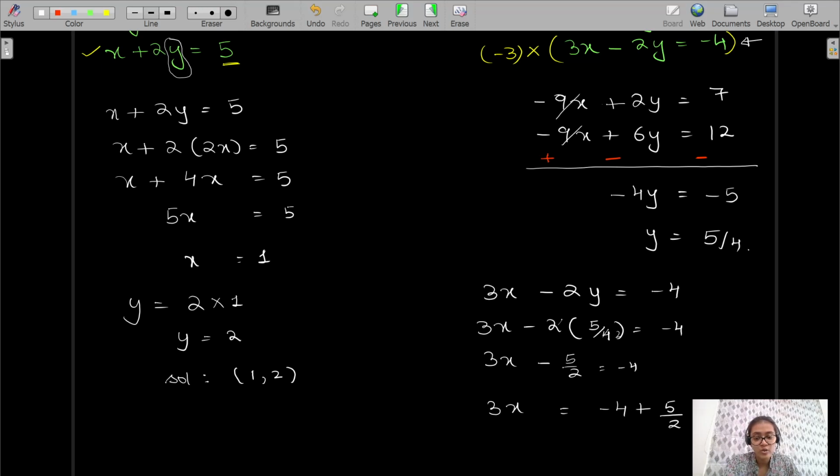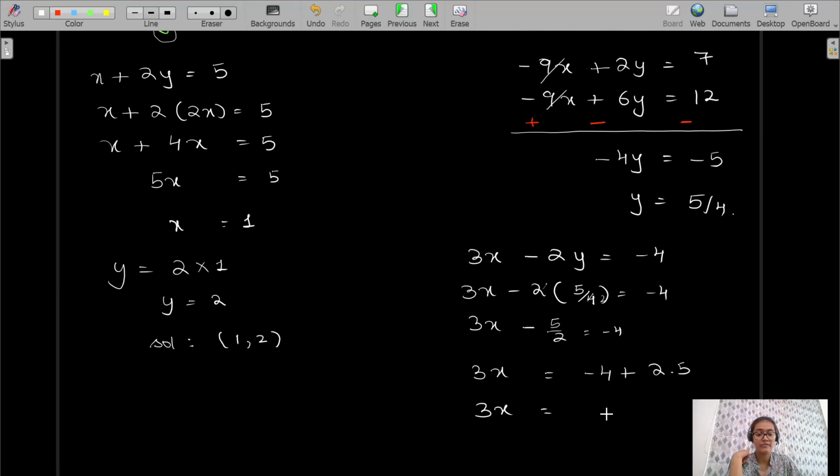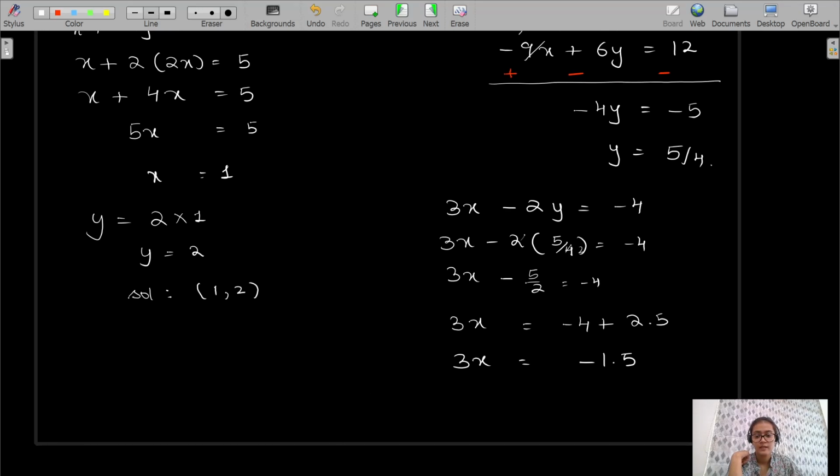Well, 5 over 2 is 2.5, so I'm just going to write it in decimals, 2.5. So 3x is equal to negative 4 plus 2.5, which is negative 1.5, and x is equal to negative 1.5 over 3. Negative 1.5 can be written as negative 3 over 2.